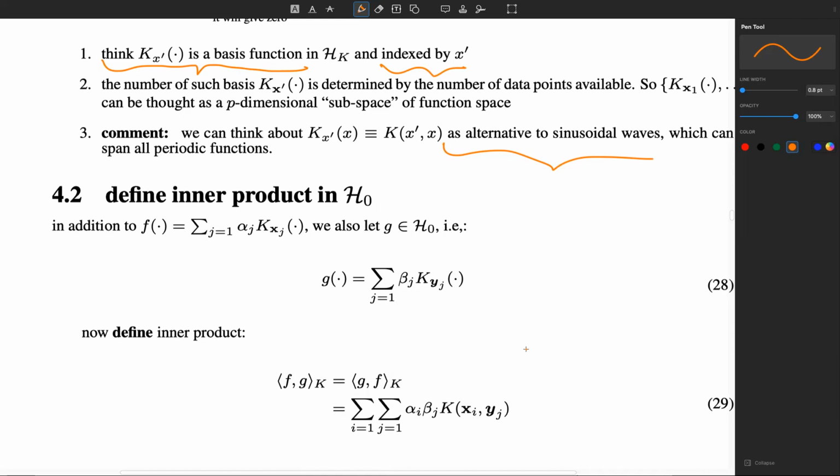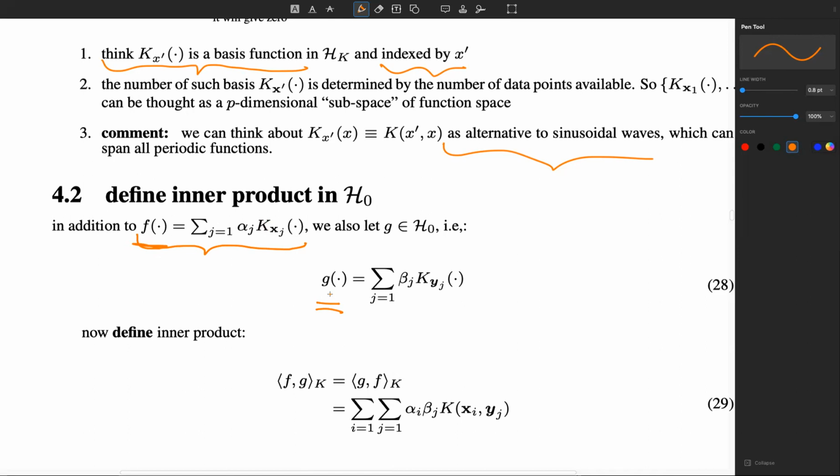Okay, so now we have defined it in this way, right? Just like how a vector can be written as the linear combination of your basis vectors, in the same fashion a function can be written as a linear combination of your functional basis, right? And that's how we define F. In the same spirit, we can define G as well.